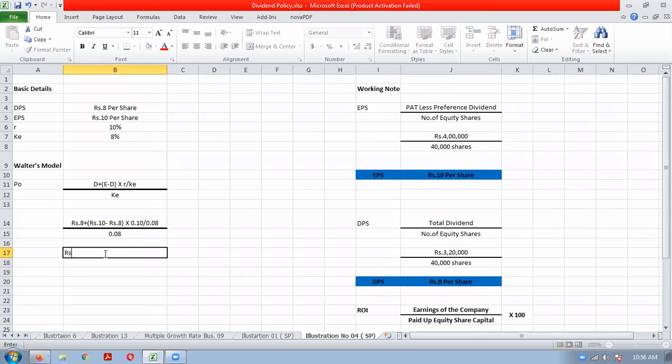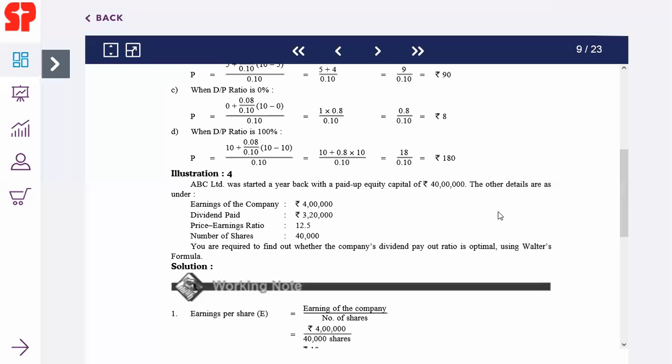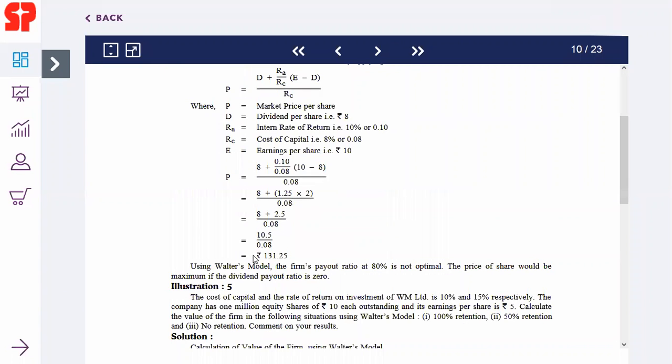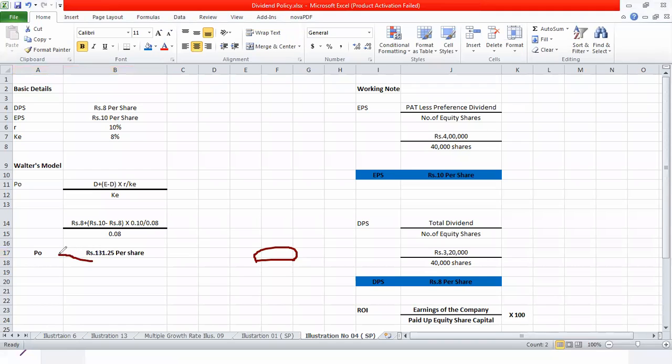So it is rupees 131.25 per share. P0. Everybody solve this. 131.25.